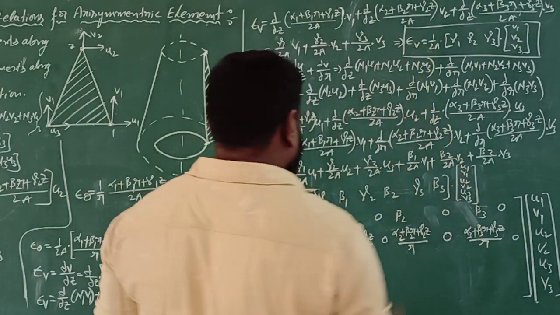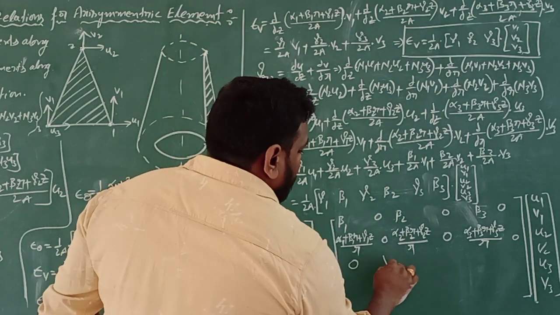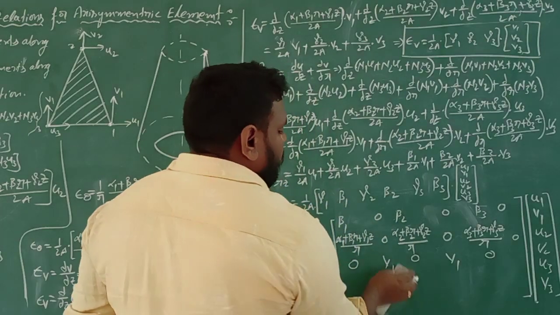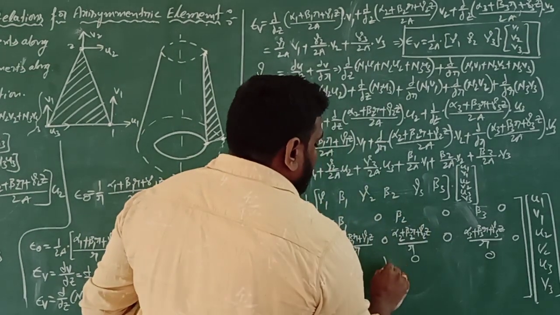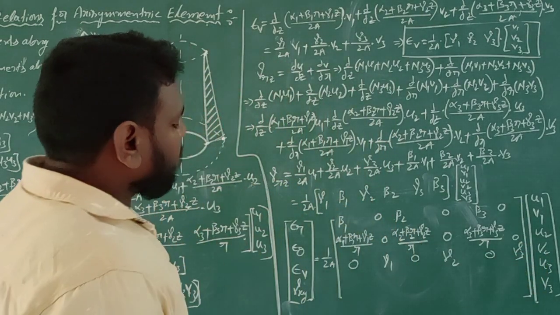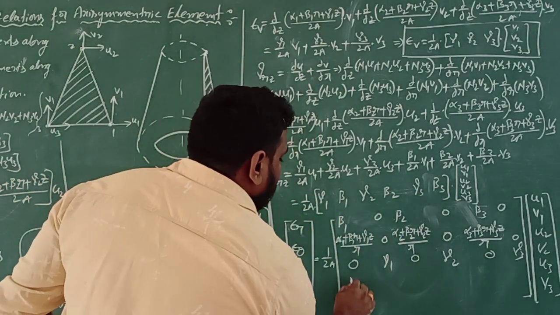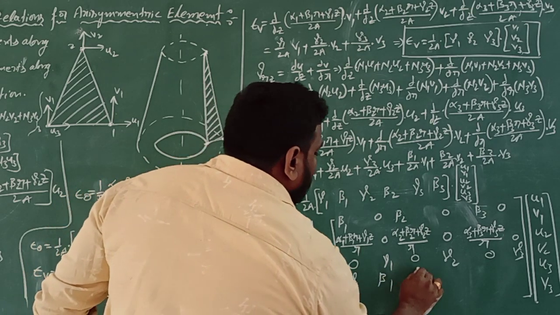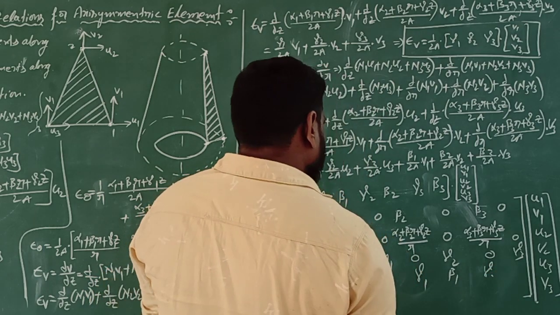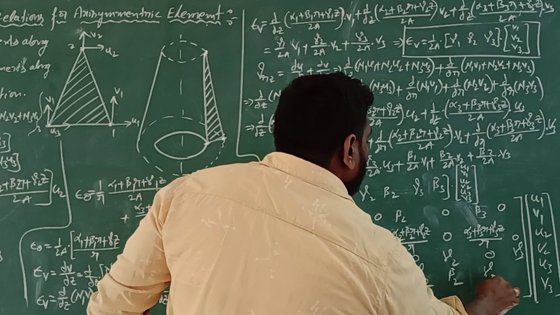Here, dou v by dou z is equal to gamma 1, gamma 2, gamma 3 with v1, v2, v3, that is 0, gamma 1, 0, gamma 2, 0, gamma 3. Third, gamma rz: this one is gamma rz, that is gamma 1, beta 1, gamma 2, beta 2, gamma 3, beta 3.